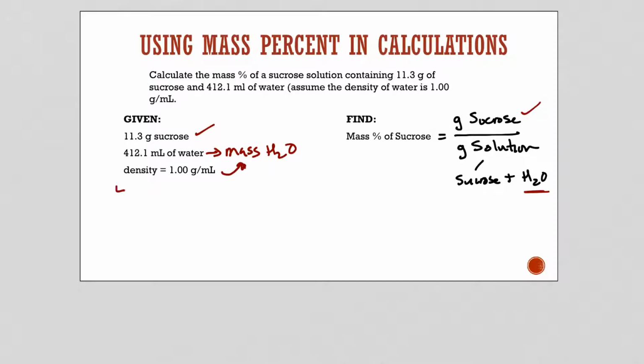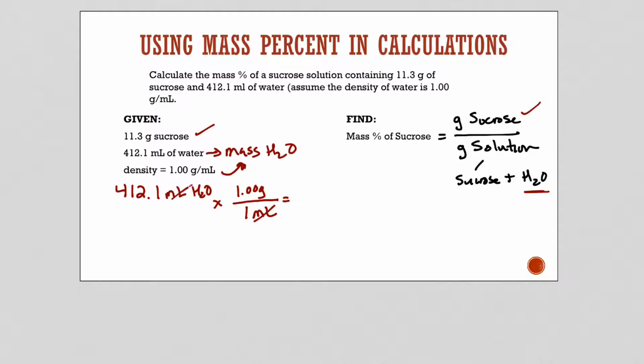We're going to take our 412.1 milliliters of water, and our density is 1 gram, and I want the grams on top because that's what I'm trying to find, per 1 milliliter. Grams per milliliter.